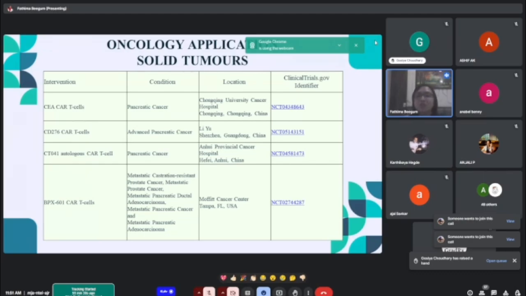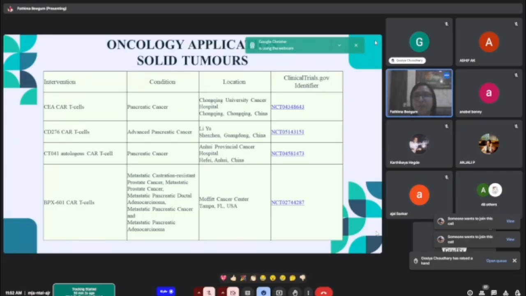So we are mainly using fourth generation CAR, that is the cytokine-mediated CAR, for this. TRUCK CAR is commonly used for solid tumors. CEA, that is carcinoembryonic antigen CAR therapy, then CD276, then CD2041, BPX CAR T cell therapy, all of those are used.